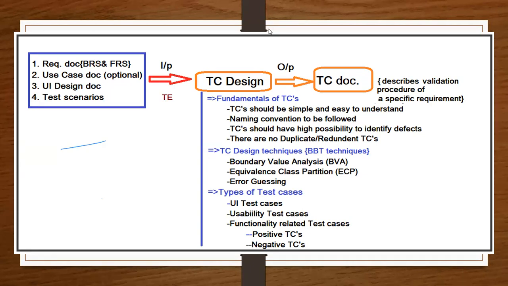When I use valid credentials, what is the expectation? Successful login operation, right? That's the positive test case. In the same way I write a test case like this: validate login functionality with invalid credentials. Then what is the expectation? Unsuccessful transaction. So this comes under a negative test case.